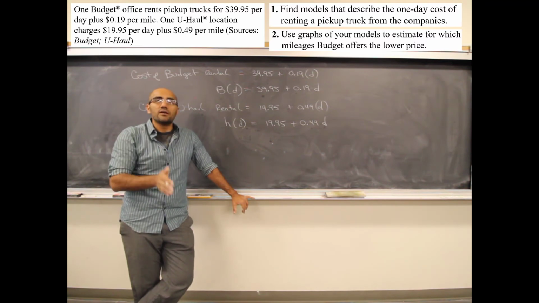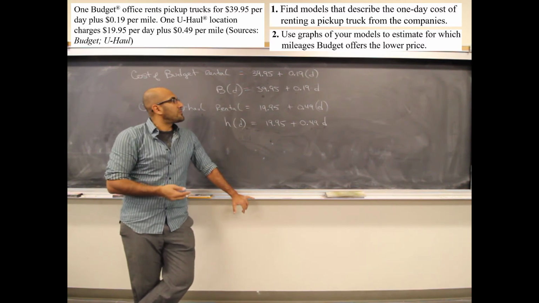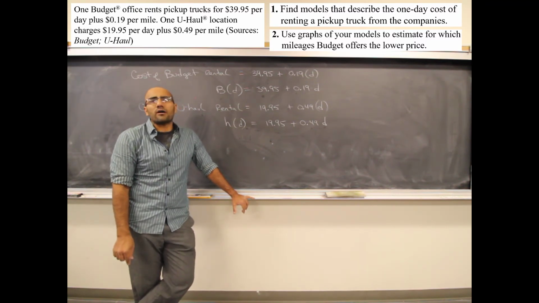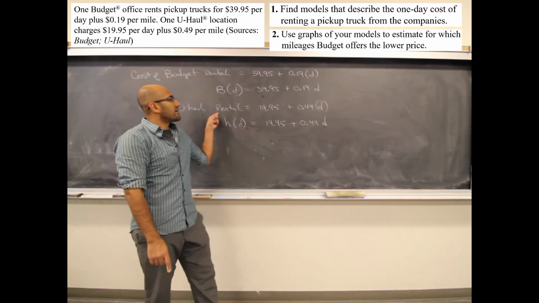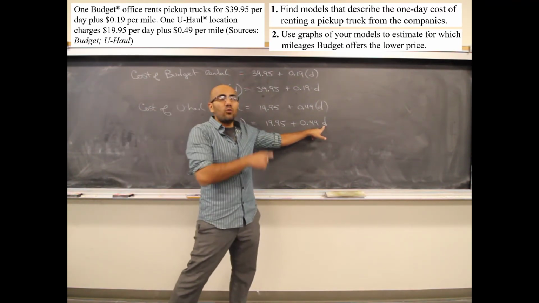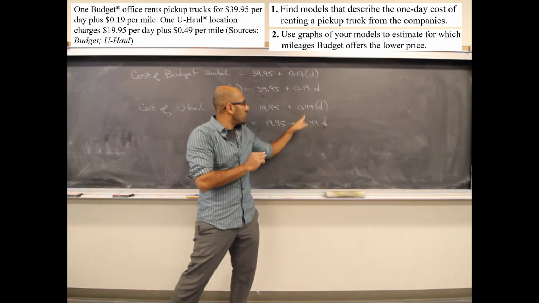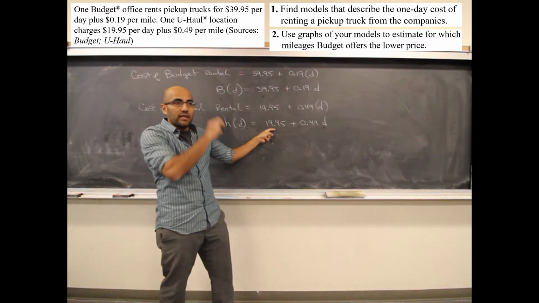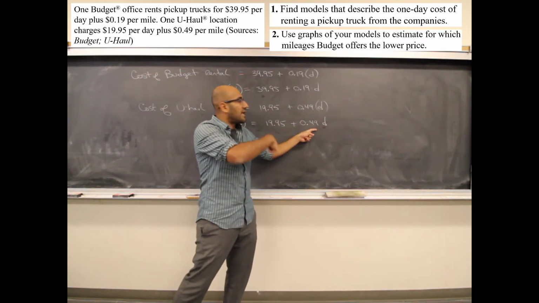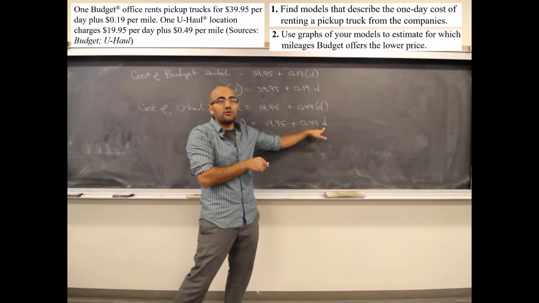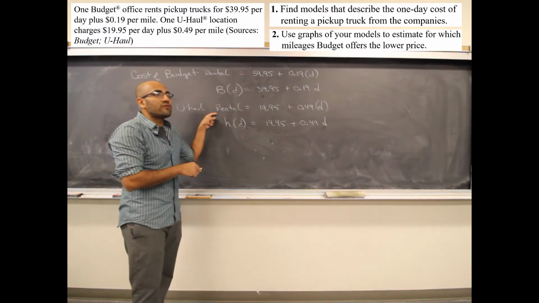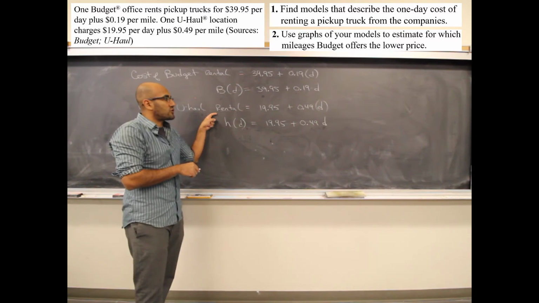You like that neighborhood, so you're not moving far. Which one would be the better choice if you're not moving far? U-Haul, right? Because you expect that the D will be really small, and so you'll have a fixed cost that's little, and you're going to add not too much to that because you're expecting D to be small. So if you're not moving very far, U-Haul seems like a good choice.